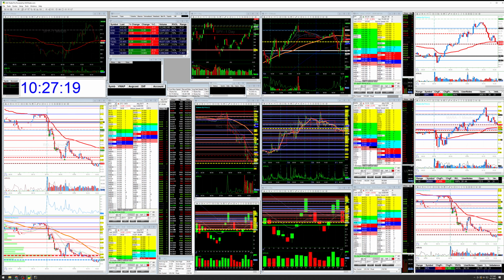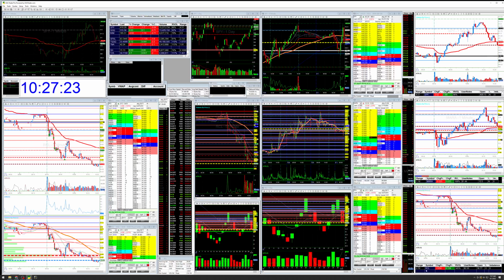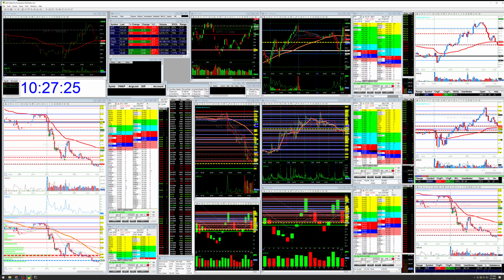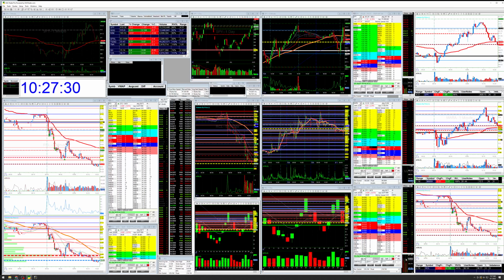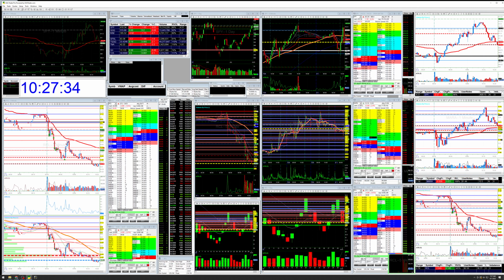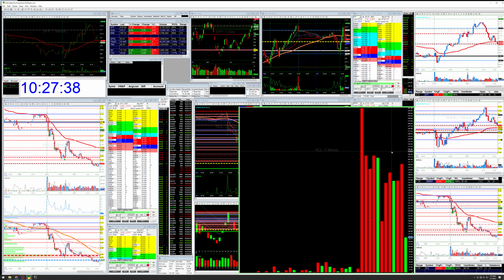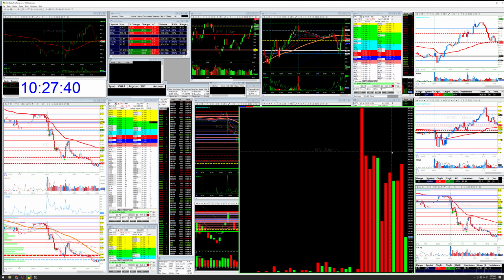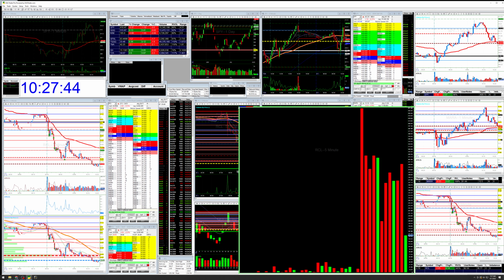So I like using the range here. If you look at the very bottom right, you see RCL range. I like using this, and this one as well. This is a 5-minute chart with just volume. At least for the first 5 minutes of the open, it can tell me how much it moved and how much the volume was already.